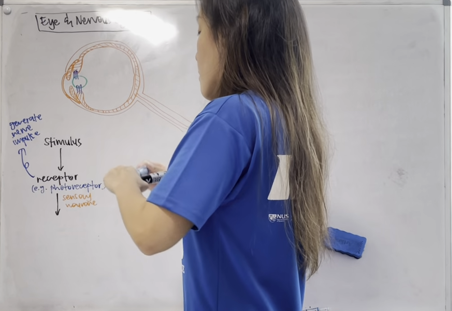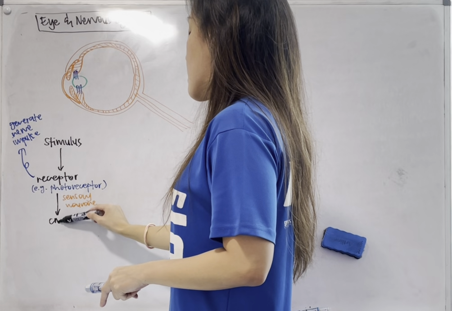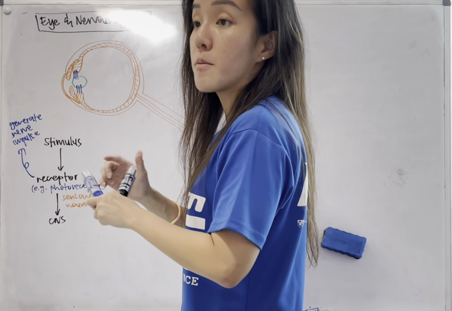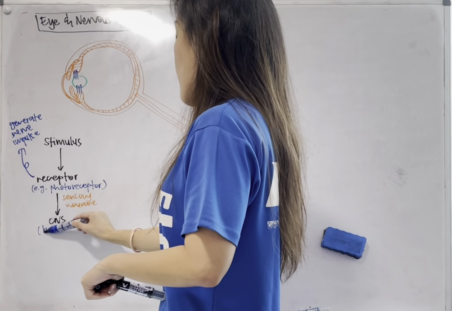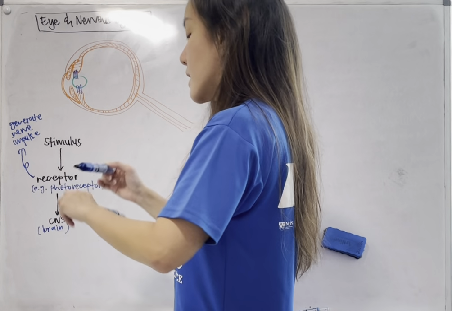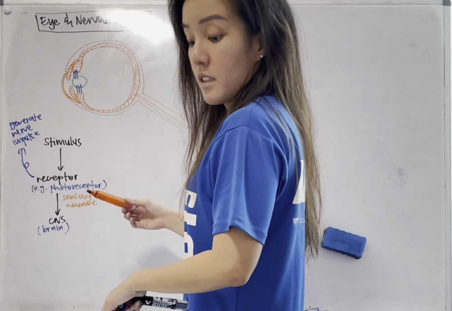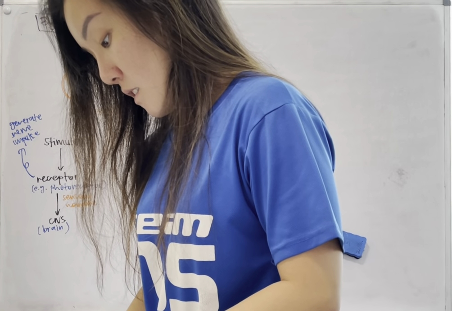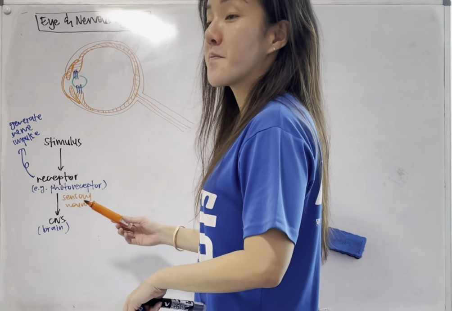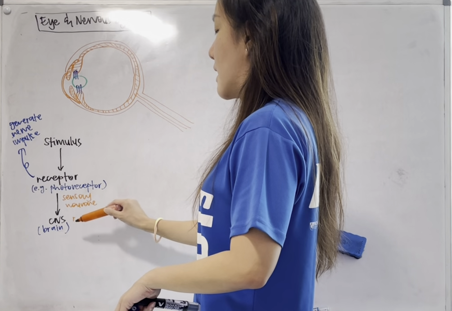Alright, next one. The receptor will always send to the CNS. What is the CNS of the eye? It is the brain. The CNS will always contain what kind of neuron?